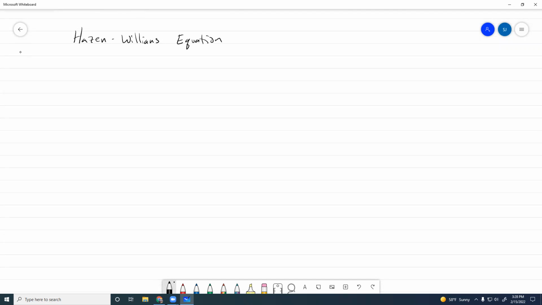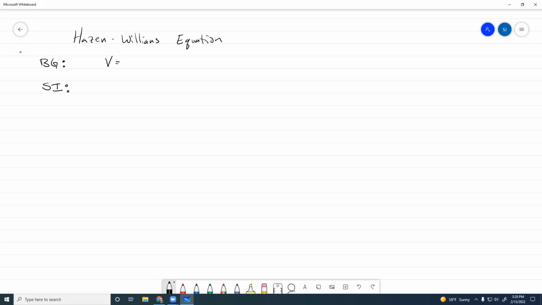And it's got a couple different forms. It's got a form for velocity and it's got a form for head loss. And the trick with our empirical equations is that they depend on what unit system you're using, and so the coefficients will change.